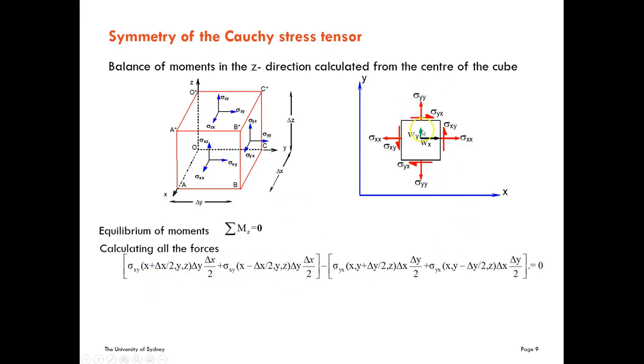Then I need to include the moment of this force. This moment is going to be negative, and it's given by this component. This is the stress, the arm, and the area is going to be delta x, delta z. Delta x, delta z, and then the moment of this force is this one.